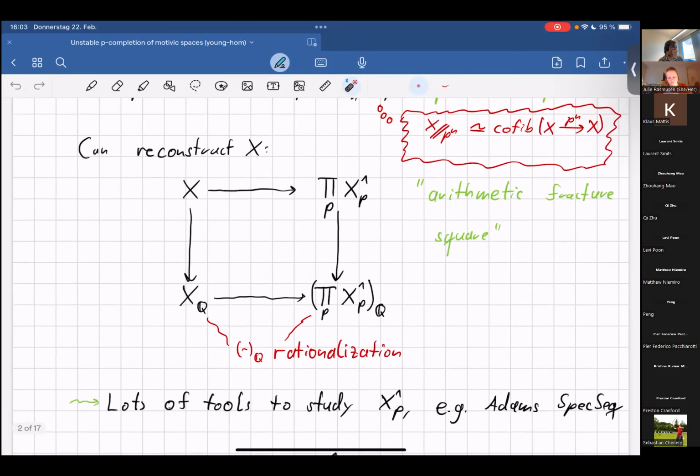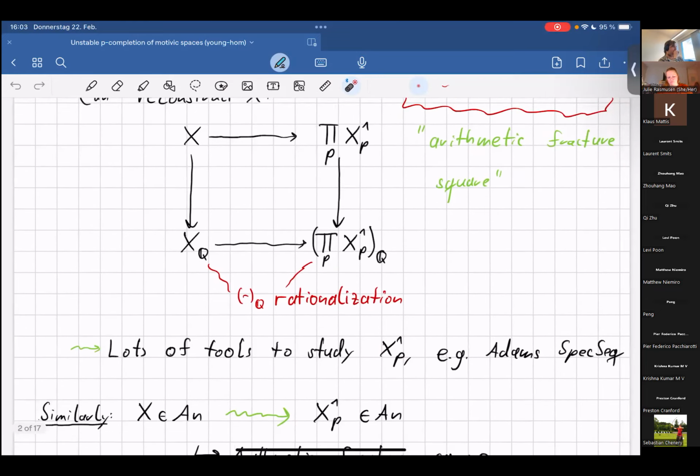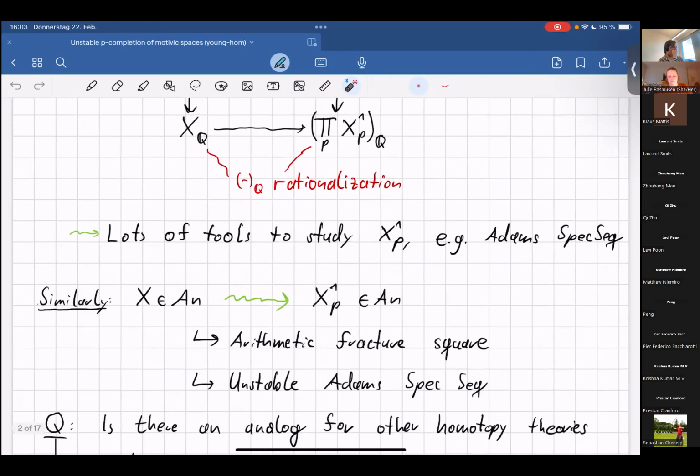And there are lots of tools that we can use to study this p-completed spectrum. For example, there's the Adams spectral sequence, which converges to the homotopy groups of this guy. Similarly, people found out that you can do this in the unstable world: you take some anima X and produce X_p hat, which we call the p-completion of X as an anima.